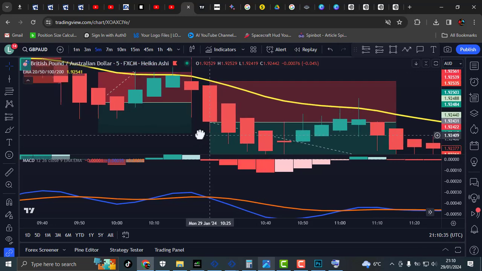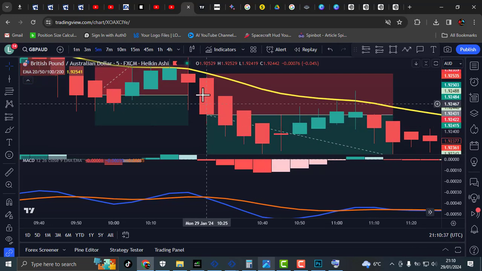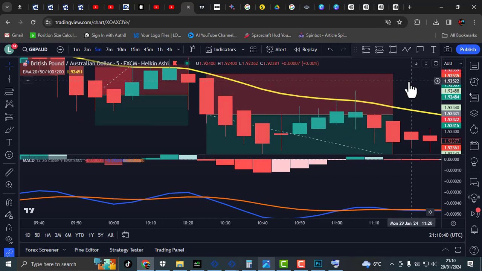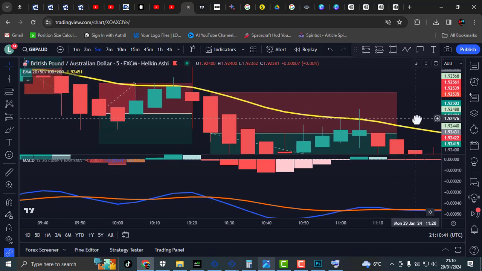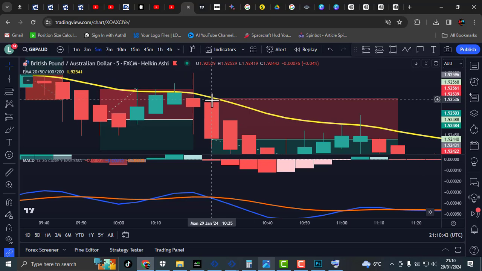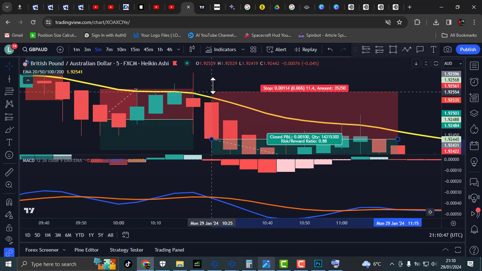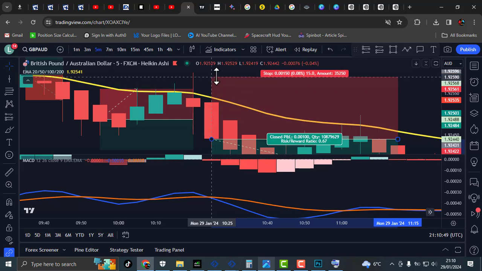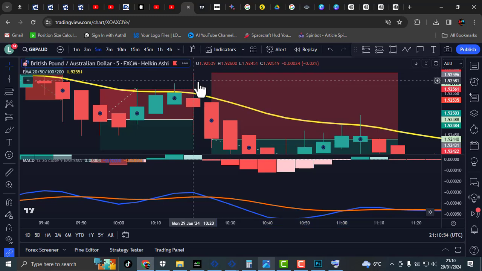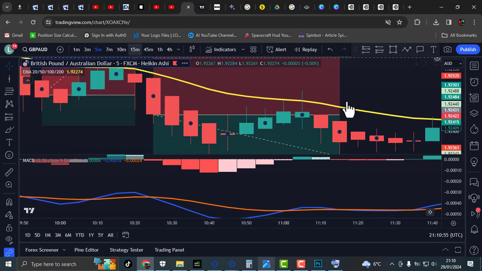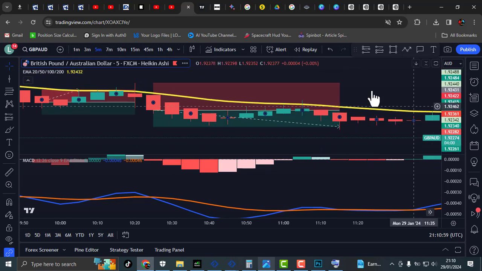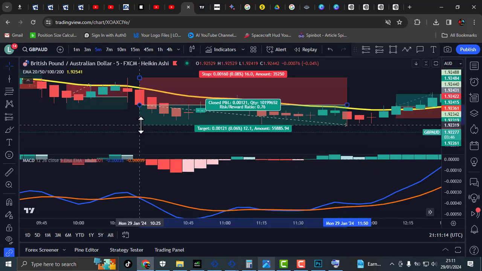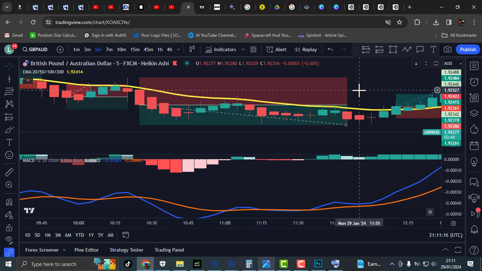And then we enter this trade, and we can take the stop loss all the way to the very starting point of this, just a very tiny bit we needed.